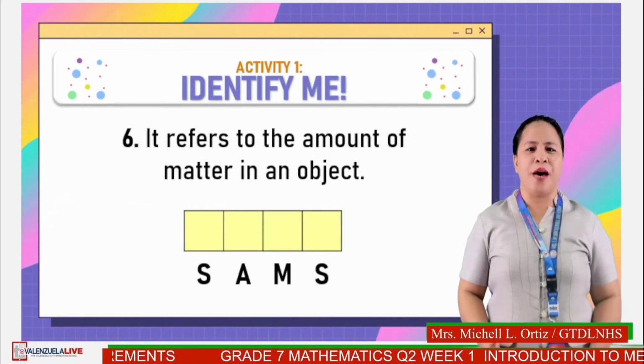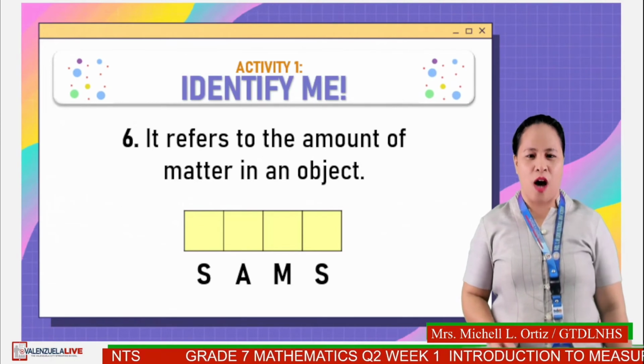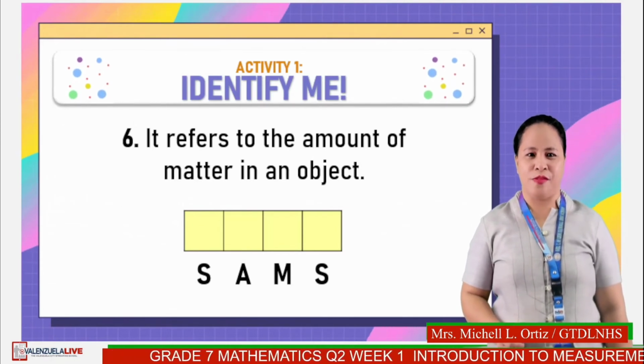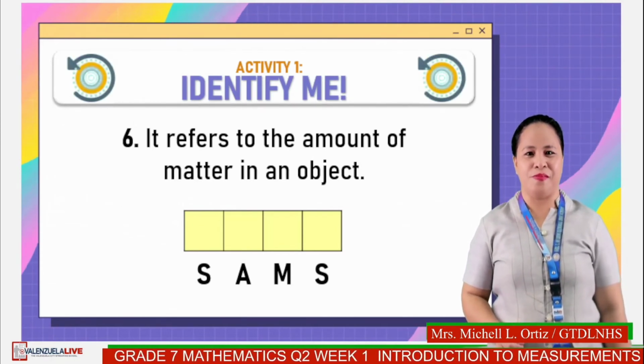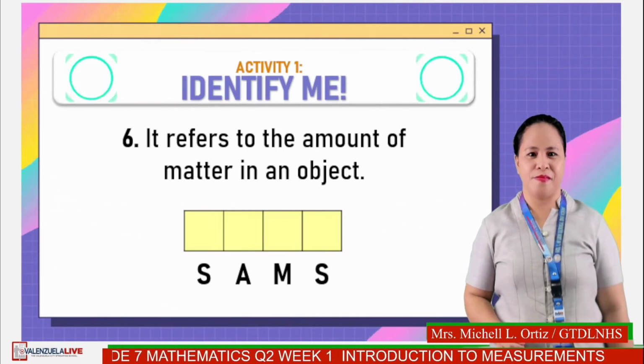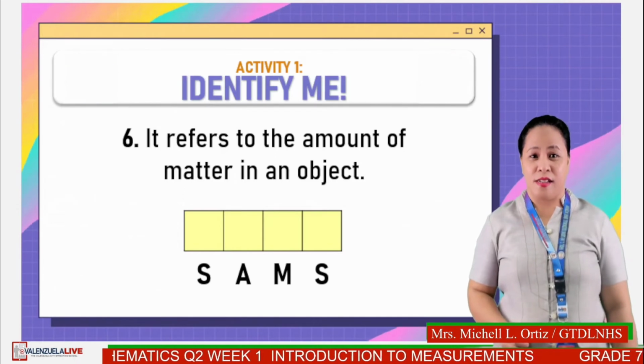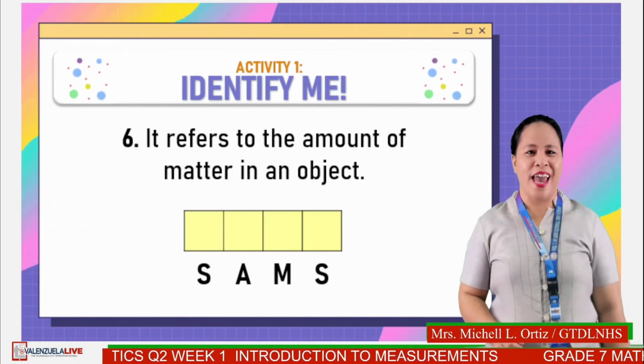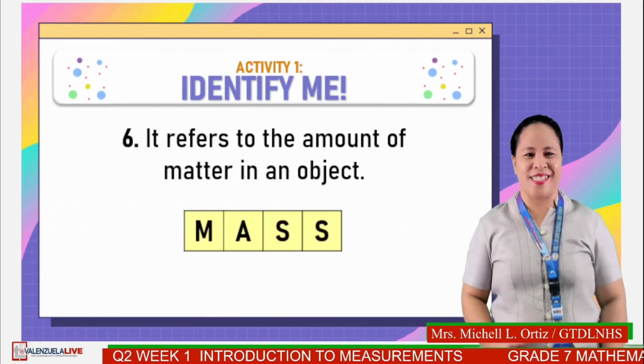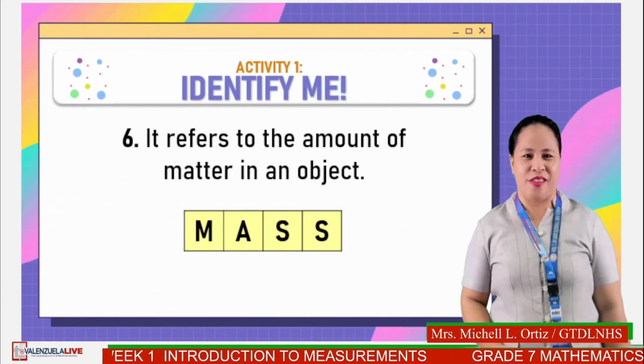Number 6. It refers to the amount of matter in an object. 5 seconds, go! Time's up. The correct answer is mass. Number 7.